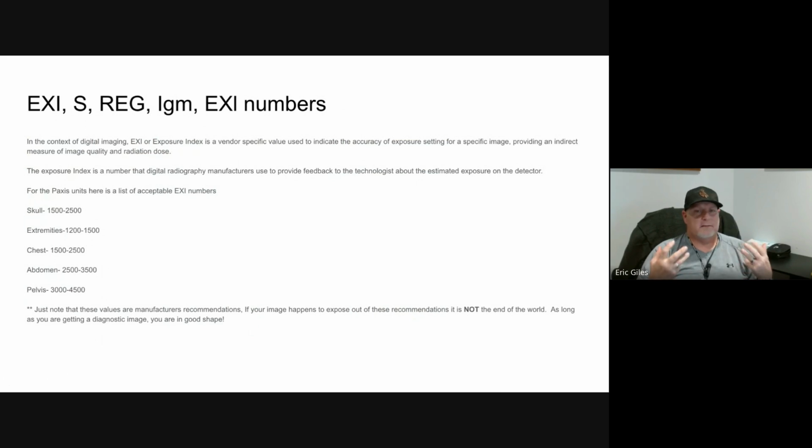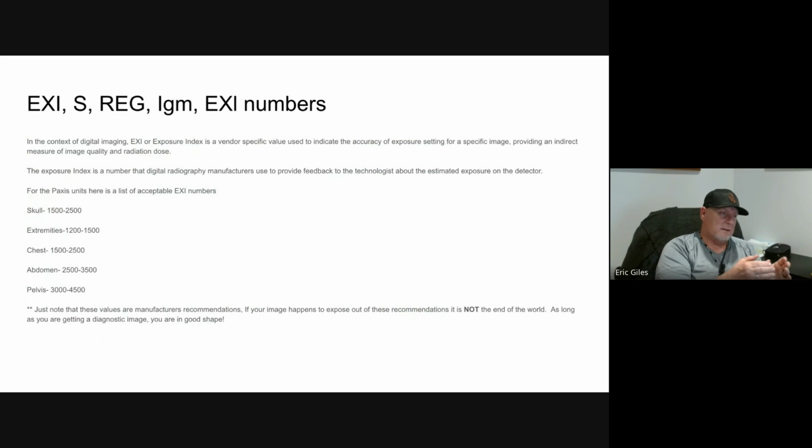So that is the software telling us that the right amount of x-ray energy was used for that body part. And it's also a good way for us to tell what kind of exposure that patient is getting. So if we'd have taken that and we'd have come out with like a 700, that would mean that our image is underexposed.